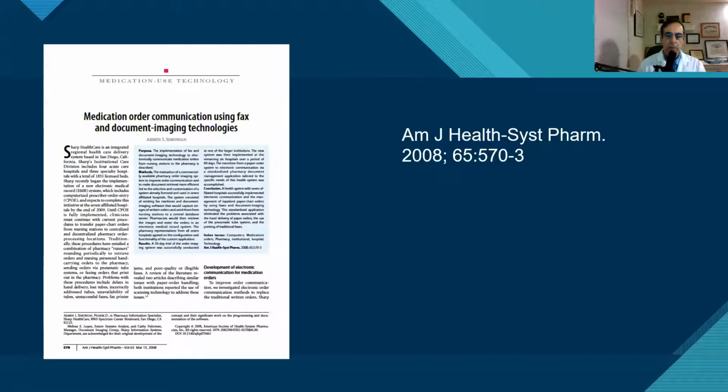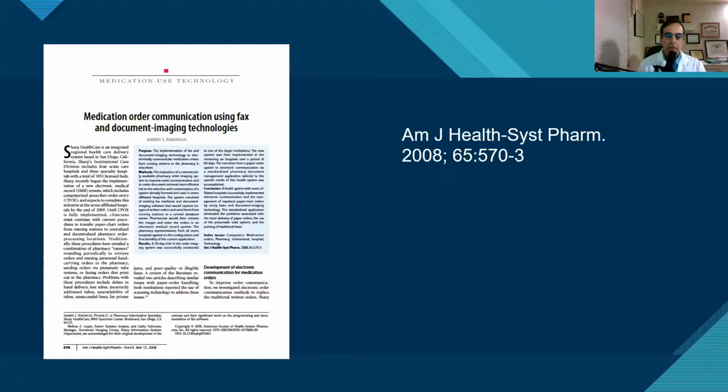Now, once we went to computerized provider order entry, it eliminated a lot of that paper shuffle because we no longer had our providers writing manual orders or paper orders. So let me just say that you will never be 100% paperless. There's always going to be some paper documents that need to be scanned into your EHR.